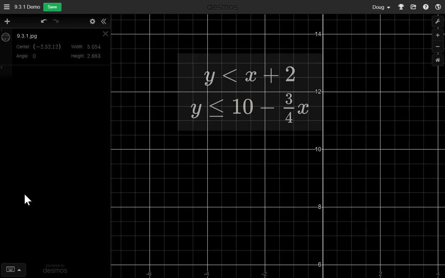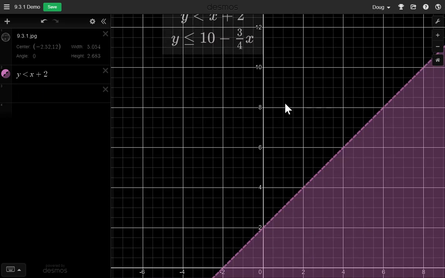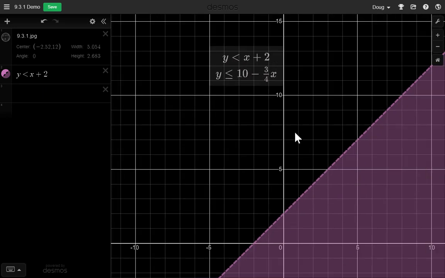So I have two more graphs that I want to look at with you. This next one is, there's a system here, y's are less than x plus 2, and y's are less than or equal to 10 minus 3/4 x. So y is less than x plus 2. And that's down here.